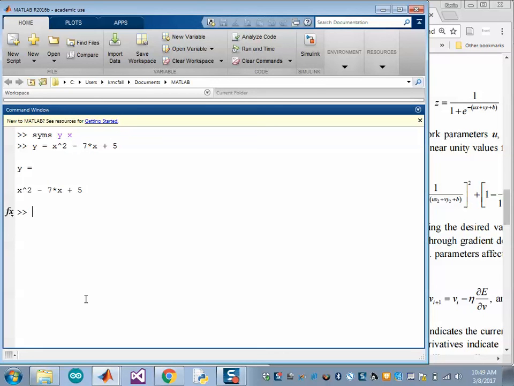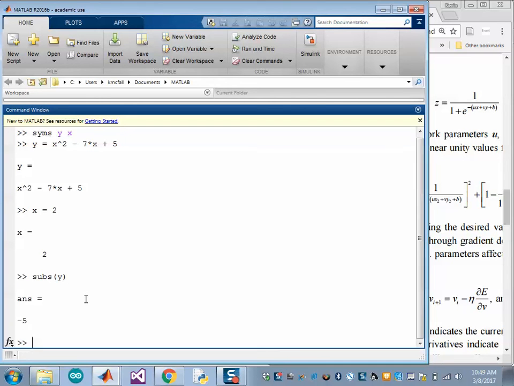And here I could say x is equal to 2 and then substitute into y. So I started off with this as a symbolic equation. Then I set x equal to a double and then substitute it in. So that's the same thing as doing 2 squared minus 14 plus 5, and the answer is negative 5.